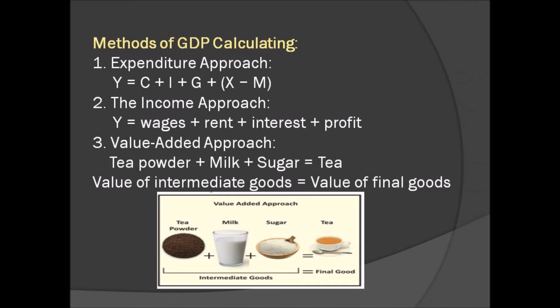In this value added approach, the market value of the cup of tea is obtained by adding the values of each intermediate good. That is, the value of intermediate goods like tea powder plus milk plus sugar gives the value of the final good, that is the tea.